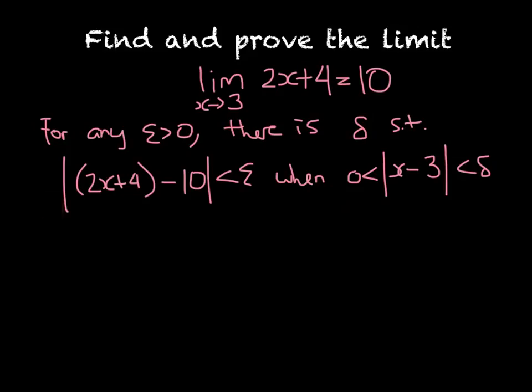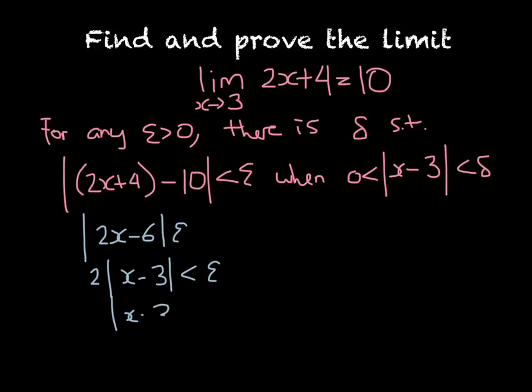We can do some algebra on this expression over here. So we'll have absolute value of 2x minus 6 is less than epsilon. We can take the 2 out of the absolute value. So the absolute value of x minus 3 is less than epsilon over 2.